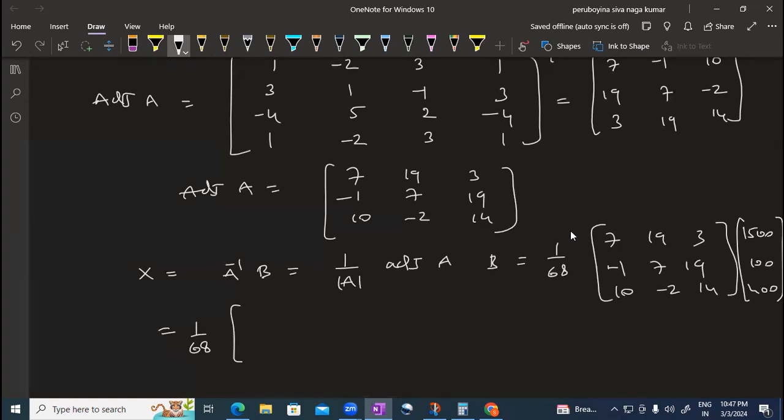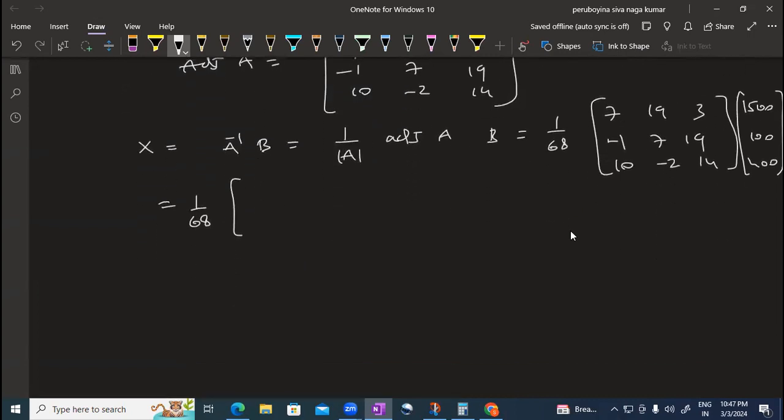So 1 by 68 times of, 7 into 1500, how much is that? It will be 10,500. So this row is multiplied by this column: 10,500 plus 1900 plus 1200.